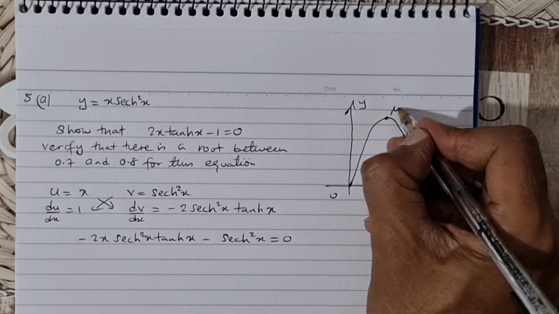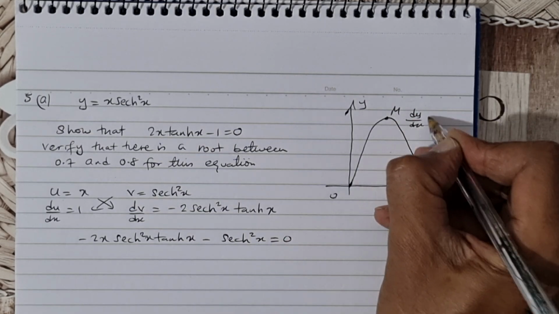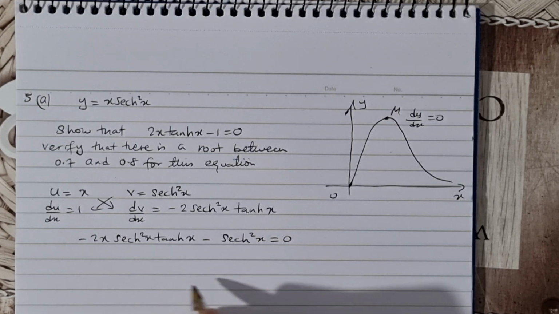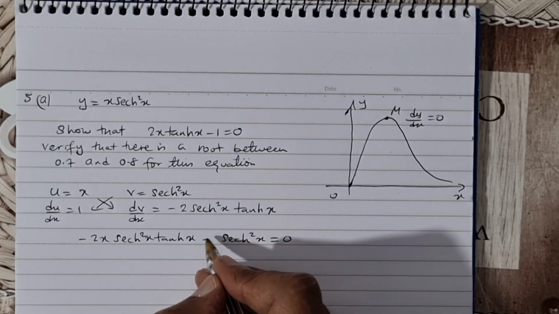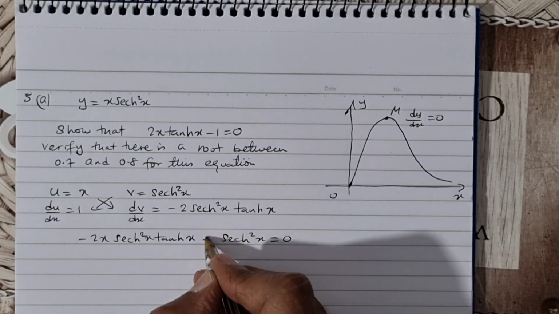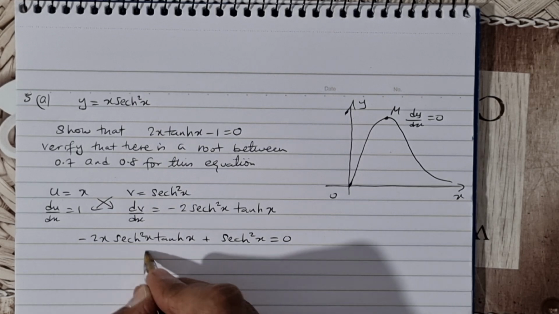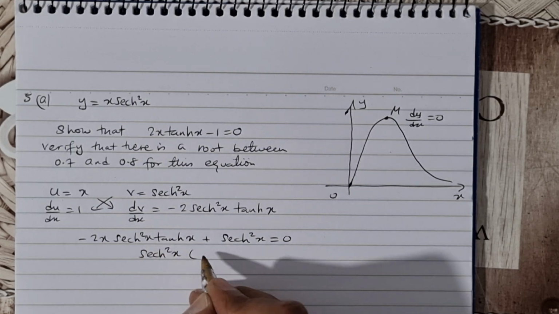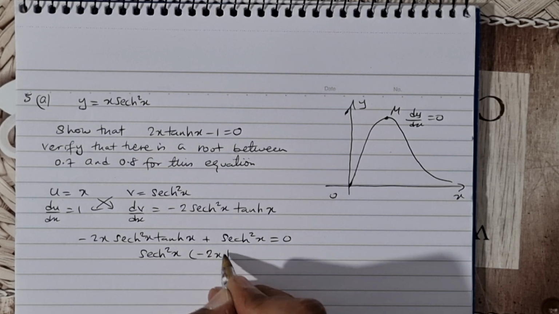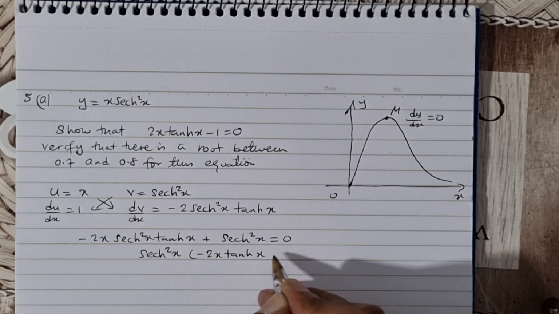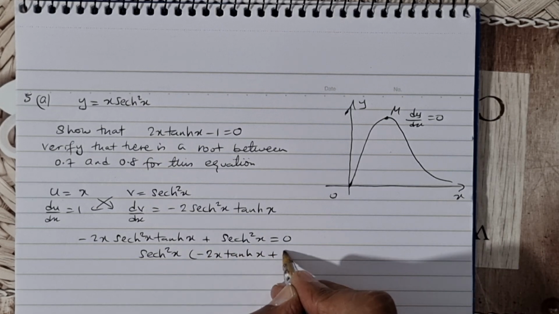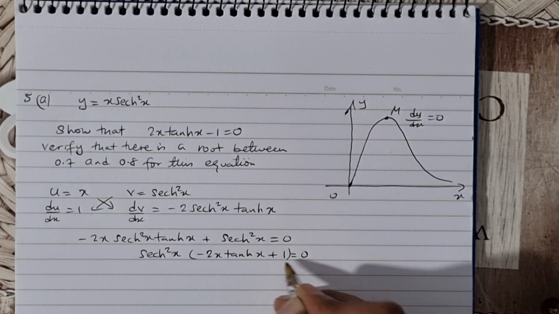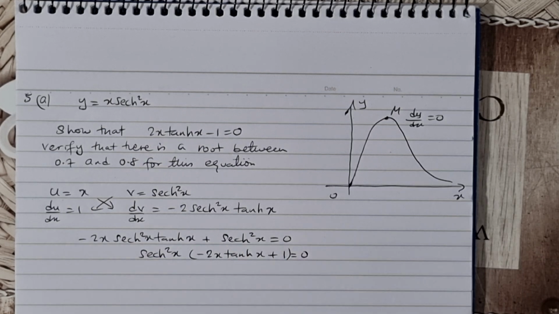Why? Because at the maximum point dy/dx equals 0. The sech²x can be pulled outside, so this is plus basically. So we have sech²x into minus 2x tanh x, and then plus 1 is equal to 0 after we factor this out.